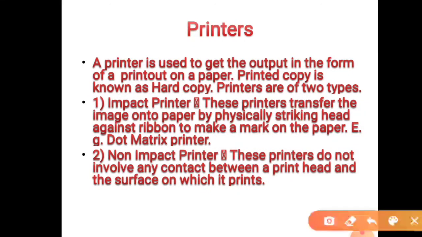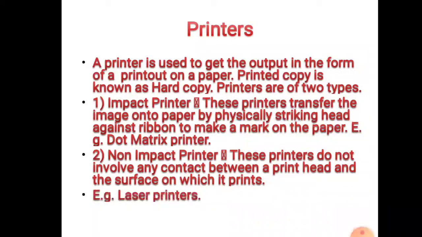A dot matrix printer has a head physically striking, so that means direct contact with the paper. Non-impact printers do not involve any contact between the print head and the surface, that means the paper on which it prints. So direct contact is not there. Nowadays we are using non-impact printers. You can say inkjet printer, laser jet printer. These are the types of non-impact printers.